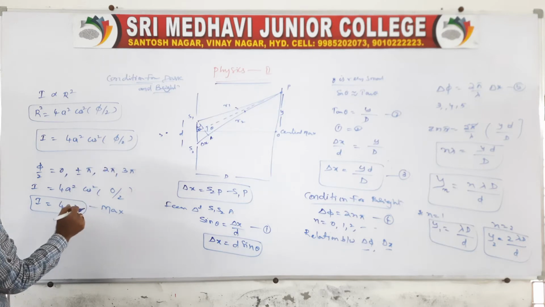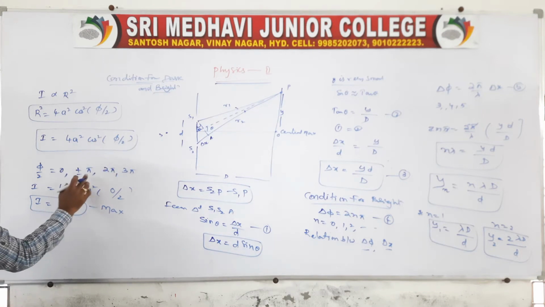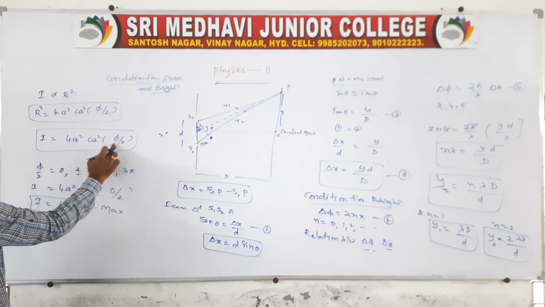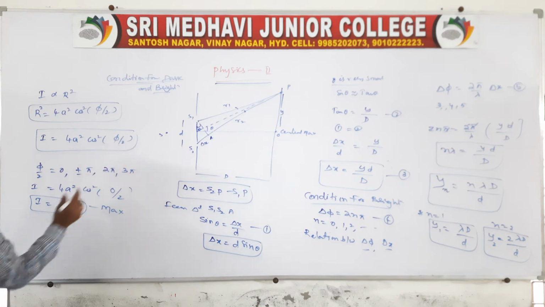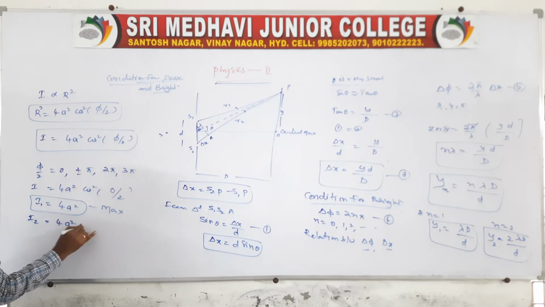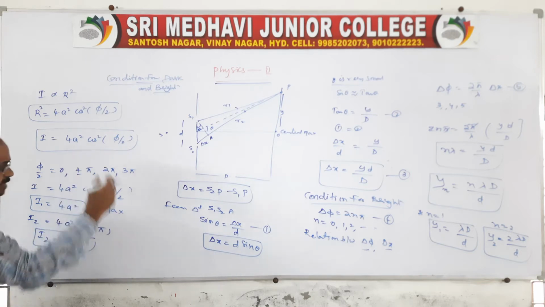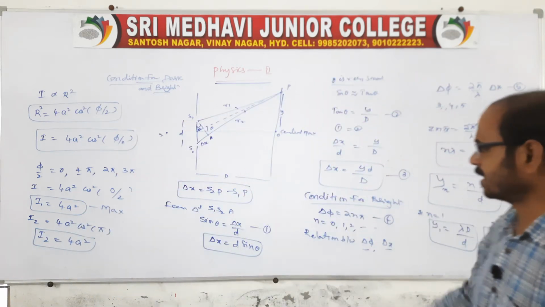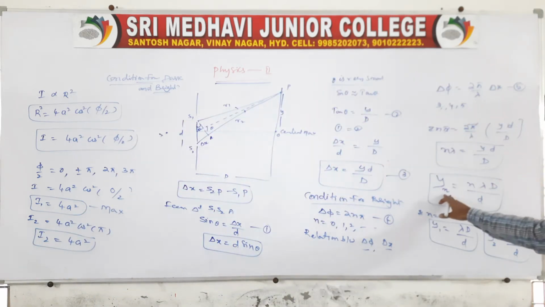Instead of this, you write 180, so cos 180. If you substitute here, 4a square cos square pi, we again get the maximum. Like this we can express the maximum intensities.